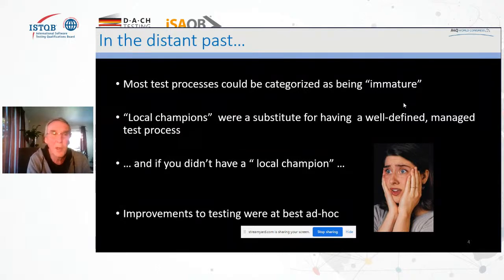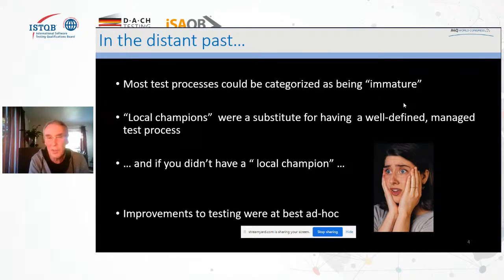Those were the days when test processes pretty much could be categorized as immature, like not much happening in the way of process, but if you had a good so-called local champion, they were a good substitute for a well-defined managed test process. And they could do all your testing and know what to do.